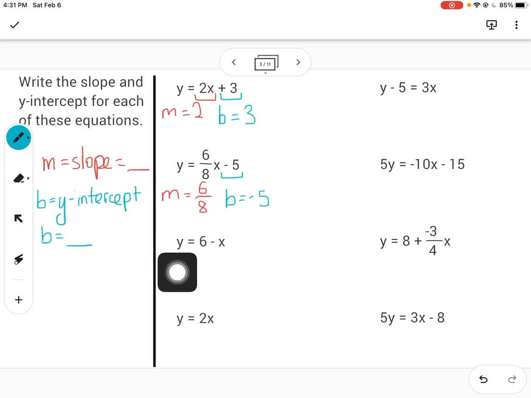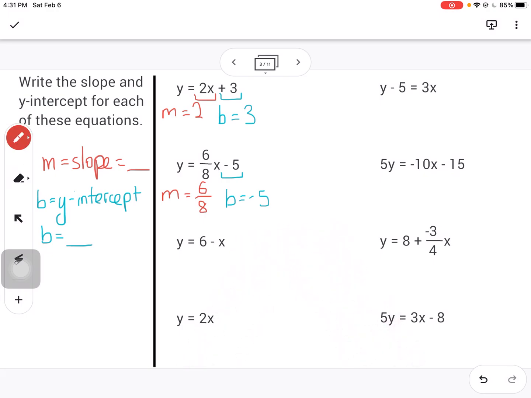This problem, we still have y by itself, only this time we have 6 minus x. For this one, it's a little trickier. It doesn't look like we have a number directly in front of x, but if you think about it, any number like 5 times 1 is still 5, 100 times 1 is still 100, so multiplying by 1 will not change our original equation.